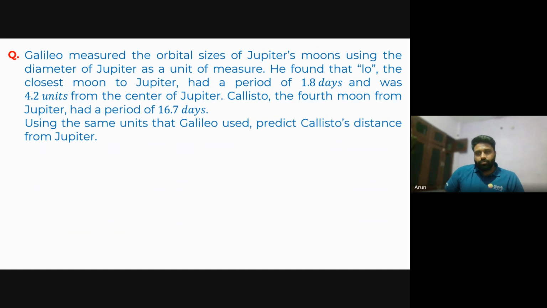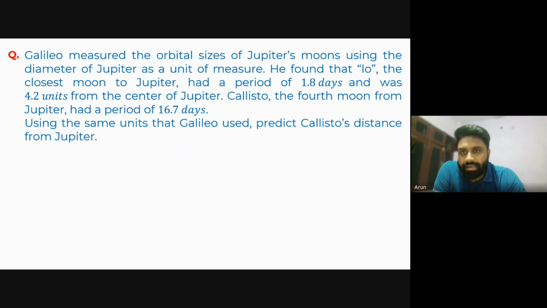So this is the question from the law that we have studied. I will read it for you. Galileo measured the orbital sizes of Jupiter's moons, using the diameter of Jupiter as a unit of measure.